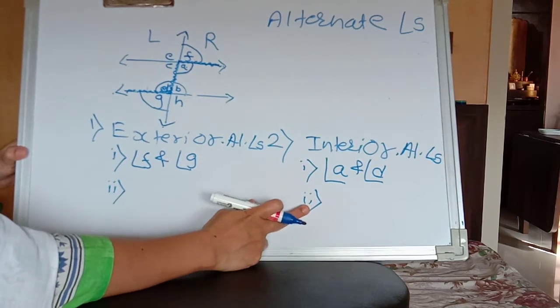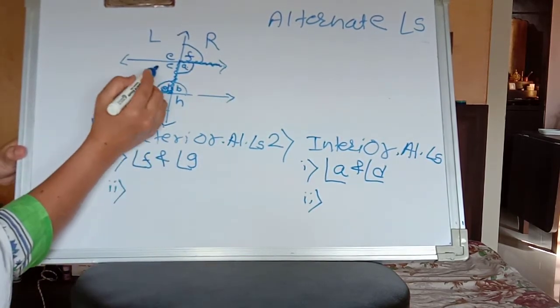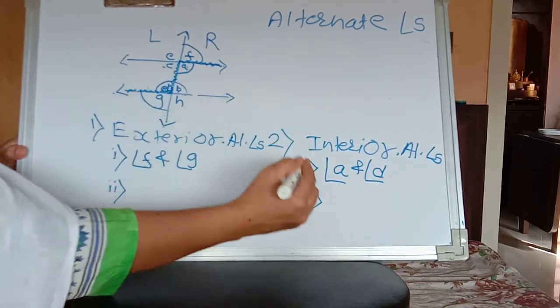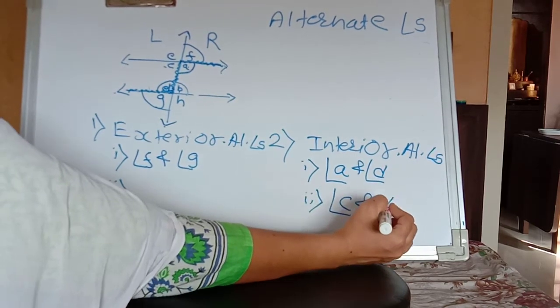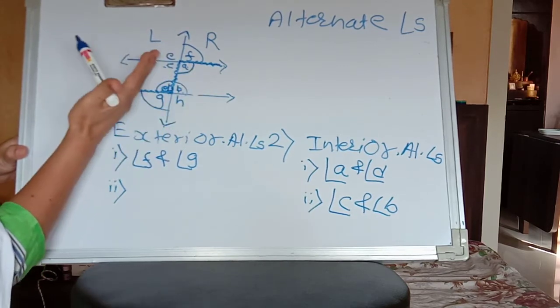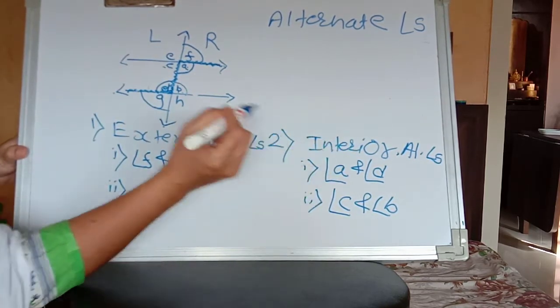Can you name another pair of interior alternate angles? Obviously yes, you have angle C and angle B. These are alternate, lying on either side of the transversal and in the interior, so they are interior alternate angles.